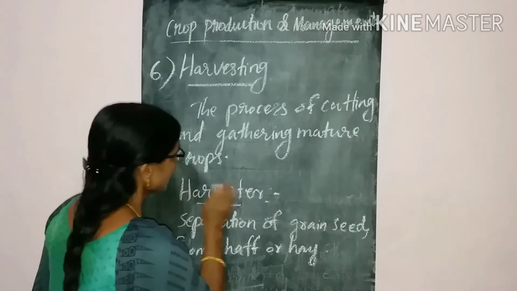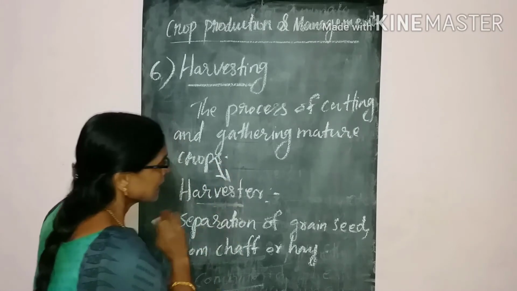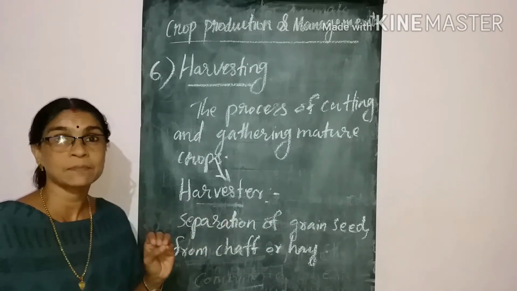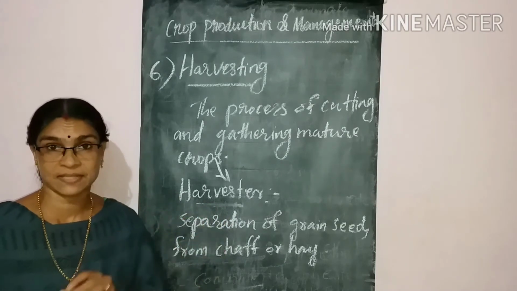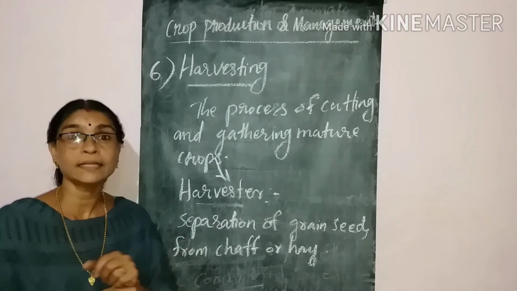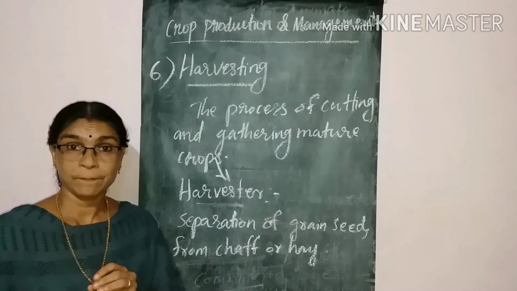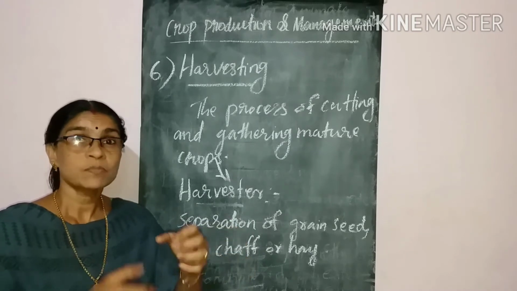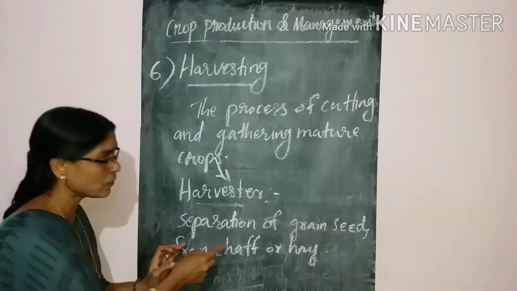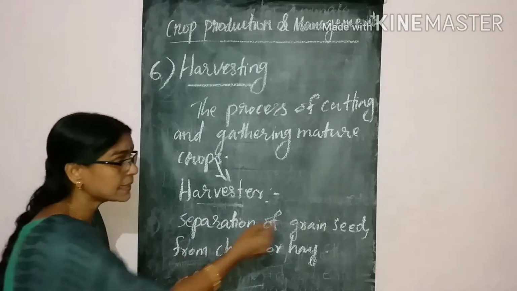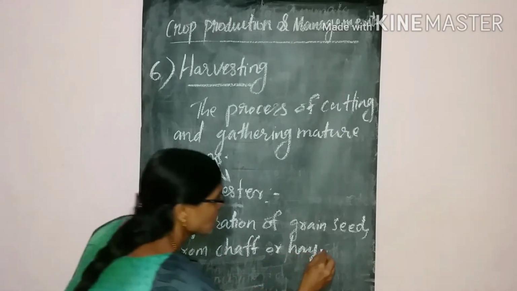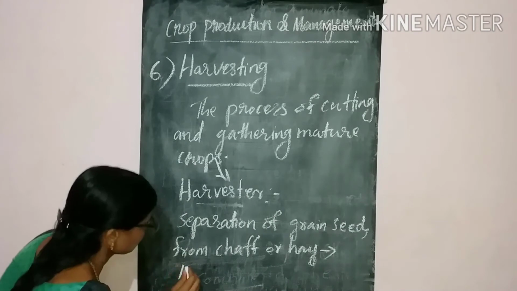Usually, we collect the crops along with the tender stems as well as the leaves. You can see that farmers are cutting the crops, mainly paddy, along with their tender stems and leaves. So the next step in front of us is to separate the grain seeds from the chaff or hay. That process is known as threshing.